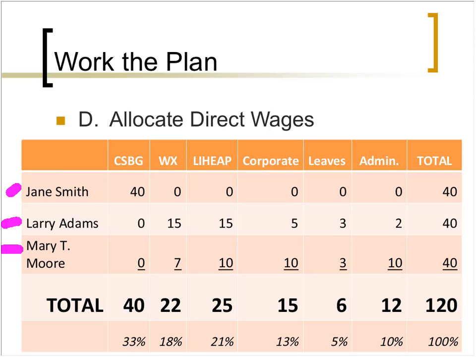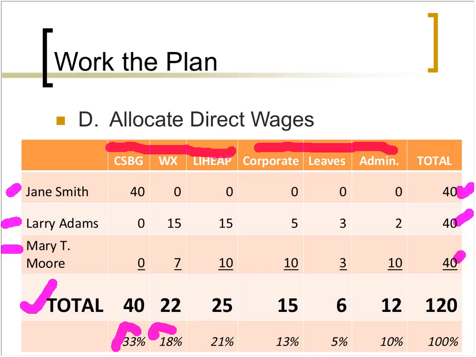In this case, this is the end of the week actually, and we're accounting for 40 hours for each employee, whether they are charged to a direct program, CSBG, weatherization, or LIHEAP, or whether it is charged to a corporate or a leave or administrative account, they would total to 40 hours. Then you would total the total labor hours on this line, and you would then get the resulting percentage allocations by each different program or activity at the bottom.